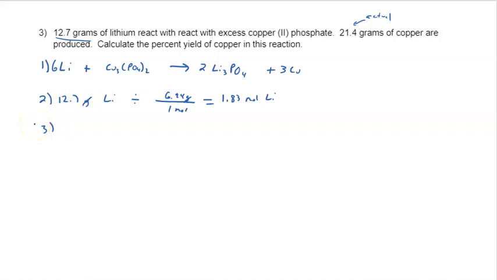We're going to take our 1.83 moles of lithium and multiply that by our mole ratio. So moles of lithium on the bottom, moles of copper on the top. We have a 6:3 ratio there. That is going to give me 0.915 moles of copper.